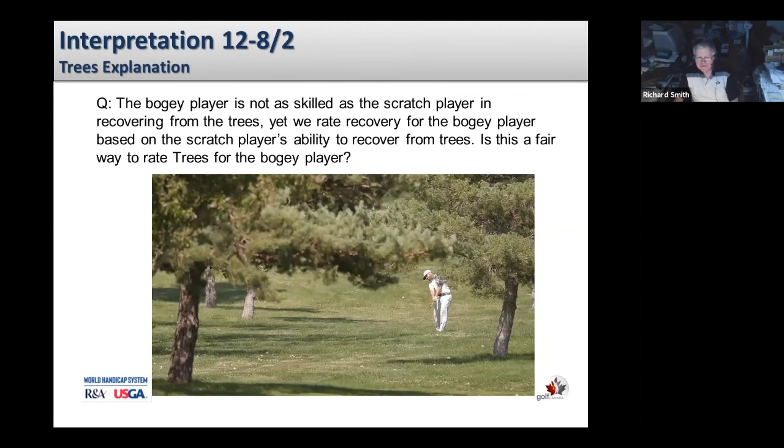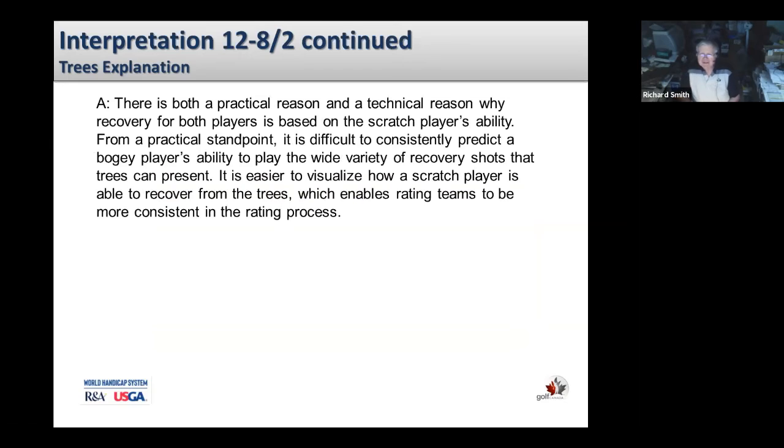And here's the question about, why do we rate for bogey players using the scratch player's ability? Well, that was the question. And this is the explanation. First, scratch players are more consistent than bogey players.